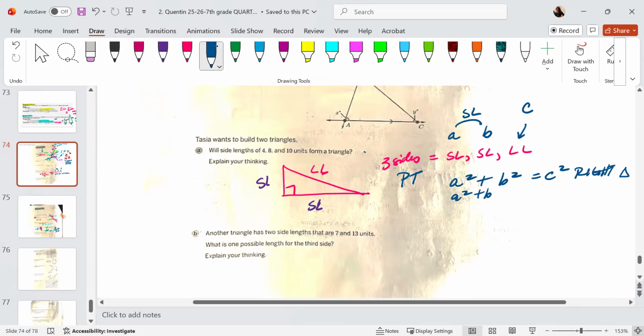If A squared plus B squared is bigger than C squared, I forgot. I think this is acute. Let me see. Hold on, let me go back.